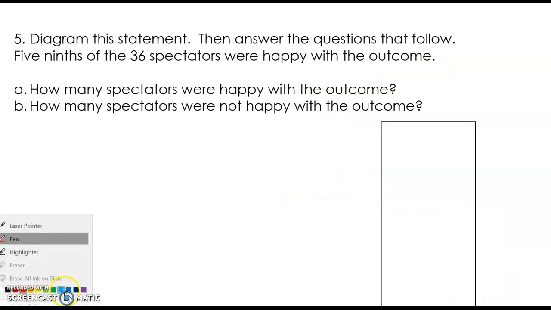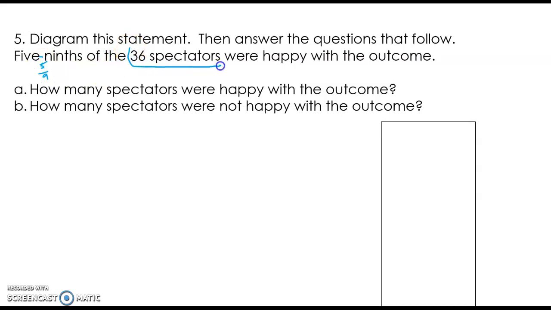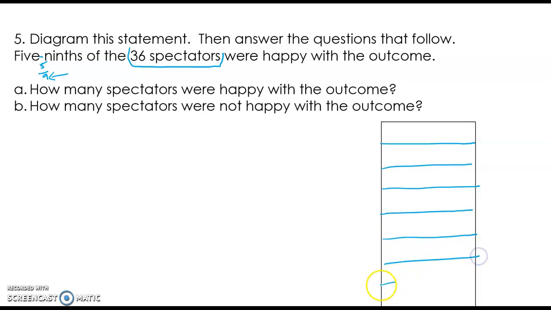All right, let's change colors here. Number 5, diagram this statement, then answer the questions below. 5/9 of the 36 spectators were happy with the outcome. So I know I'm going to need 9 spaces. 1, 2, 3, 4, 5, 6, 7, 8, 9 spaces.